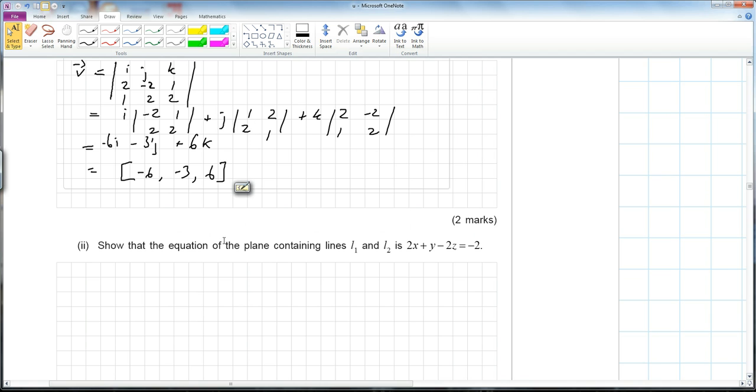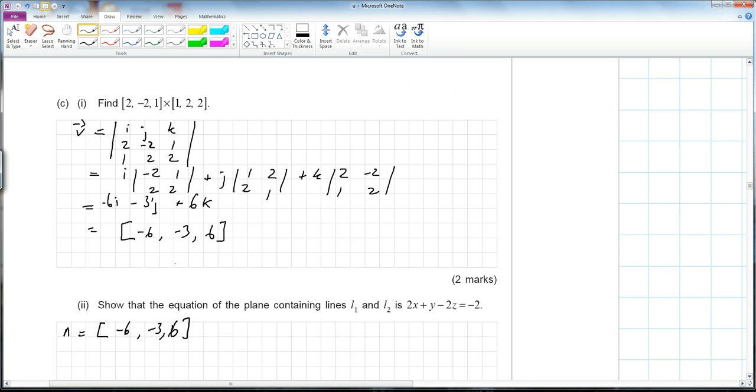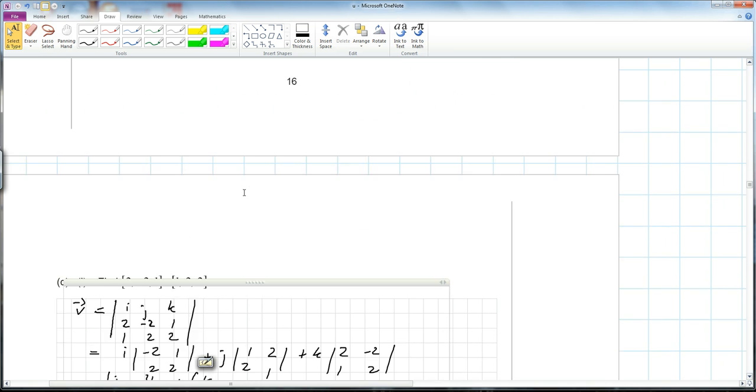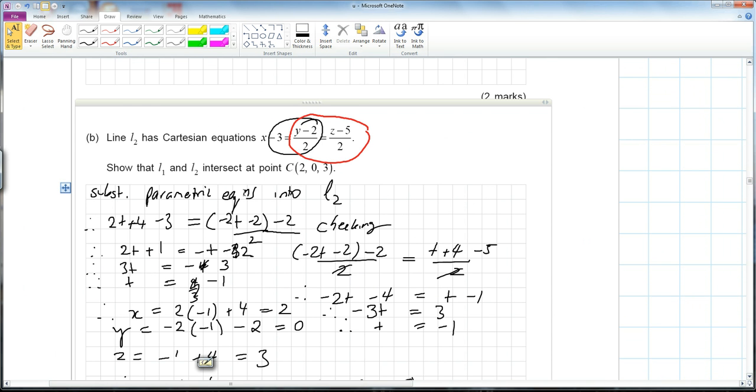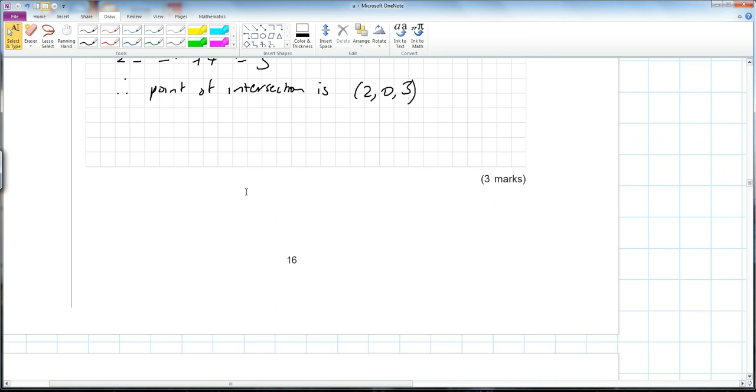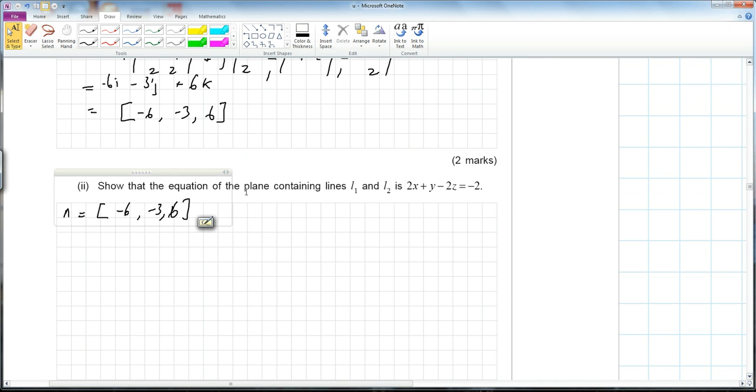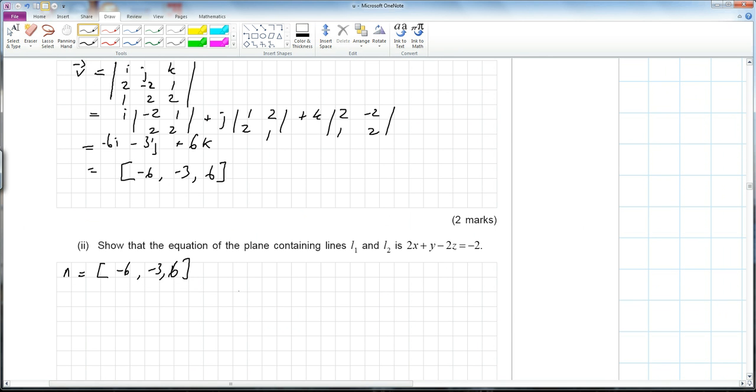Okay, well now we're going to actually use this. We notice that these two vectors actually correspond to the direction vectors of line 1 and line 2, so we're going to use that information.